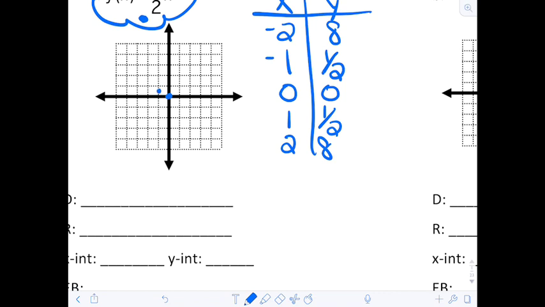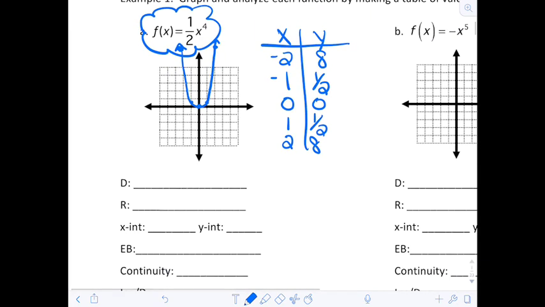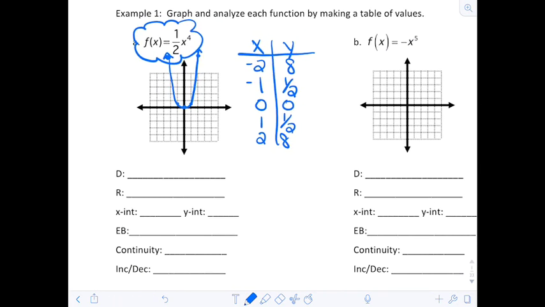So that's right there. I have 1, 1/2, and I have 2, 8. So this is very similar to a parabola, but the bottom where the vertex lies is much flatter than maybe a normal 1/2 x squared would be.